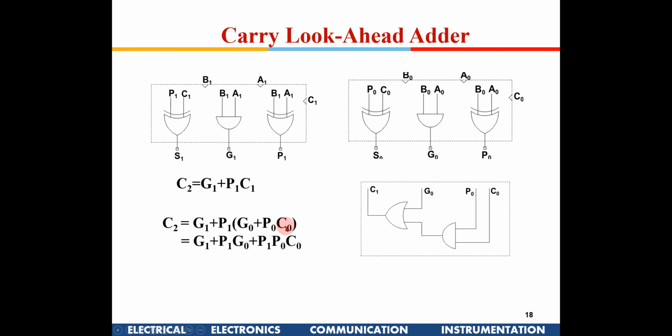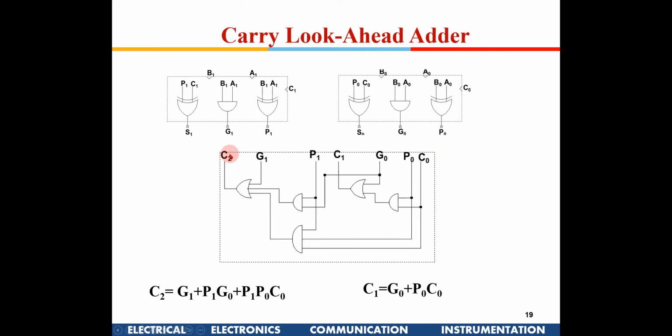So I write G1 plus P1 times G0 plus P0 C0. So if I expand this, it will come like now. So this is what carry generation is: either this is generate, or this is propagate and there is a generate coming from here, or both are propagate and carry is high. So that can be implemented here. Okay, so this is carry 2 which is generated, this is carry 1 generated.